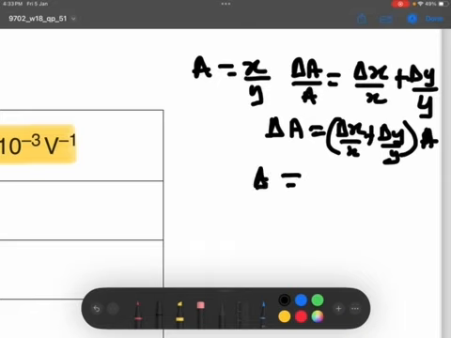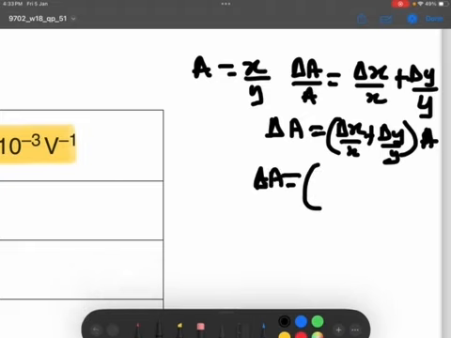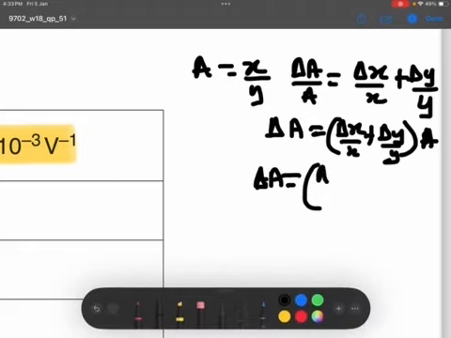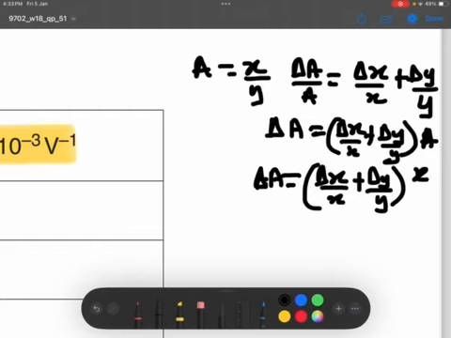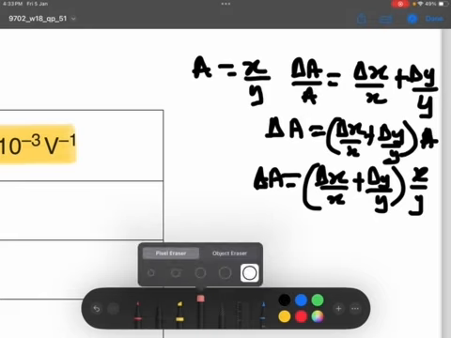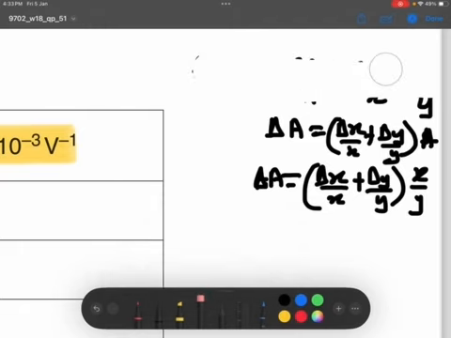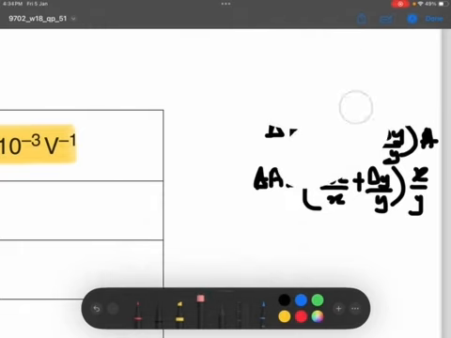So delta a over a is equal to delta x over x plus delta y over y, multiplied by a, which is x over y. That's how we find our uncertainties. Having established this, I'm now going to erase this so that I can do the real thing. This is how we do it when we are dealing with a division.